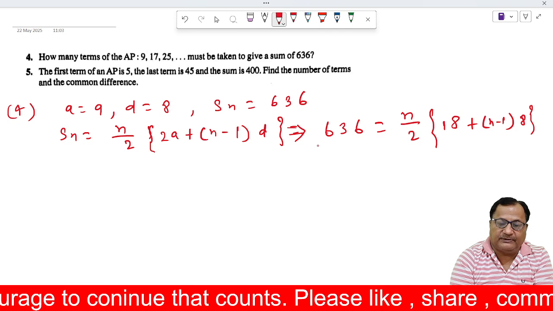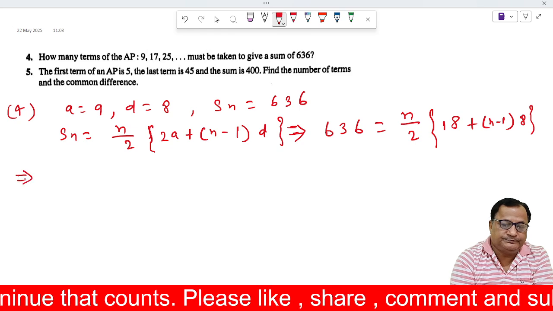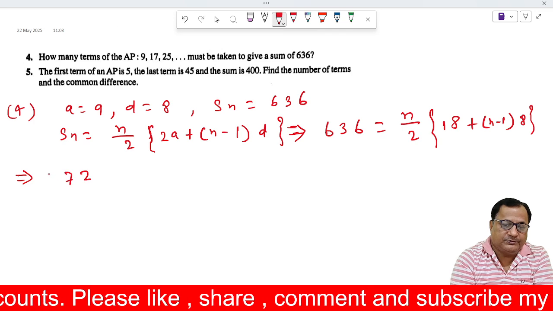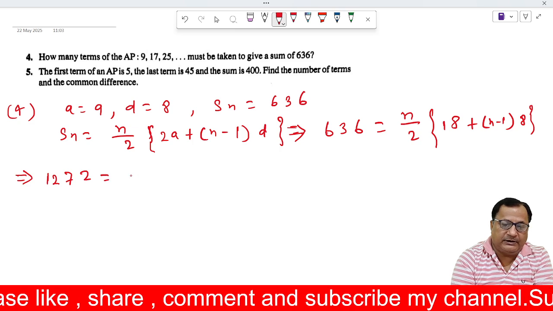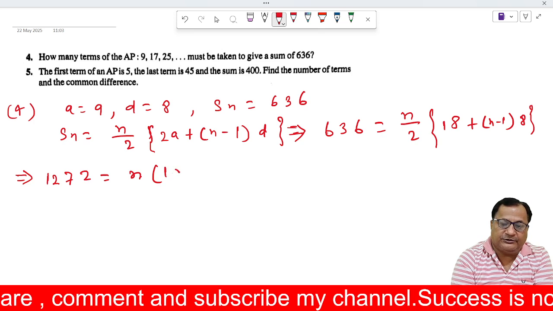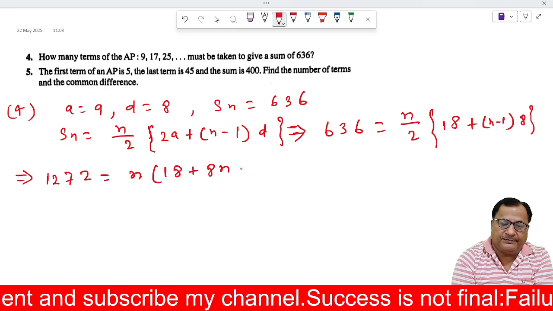This 2 will come to this side, multiply, so 1272 is equal to n into 18 plus 8n minus 8.